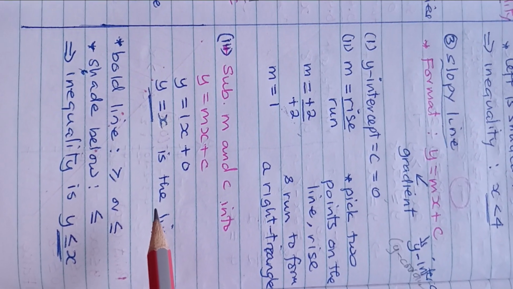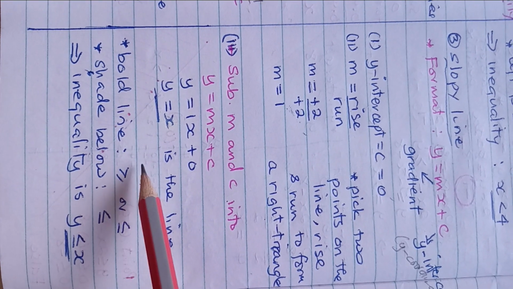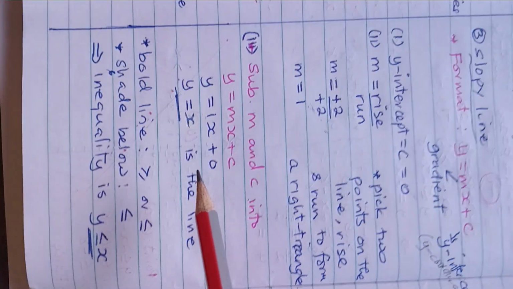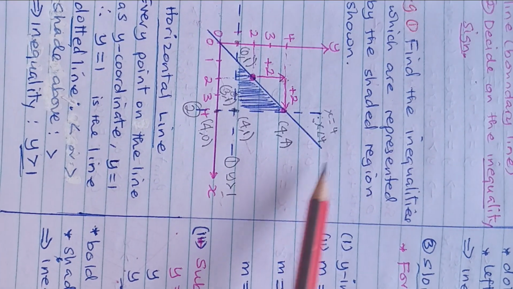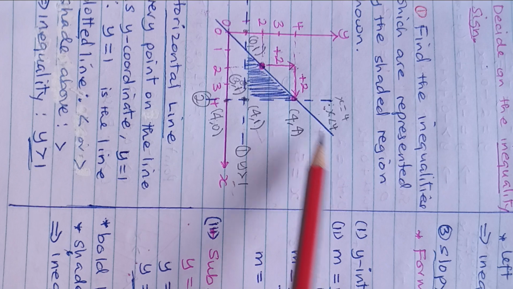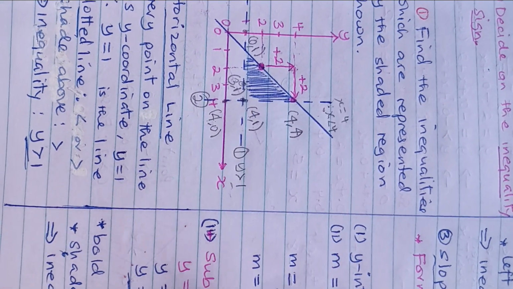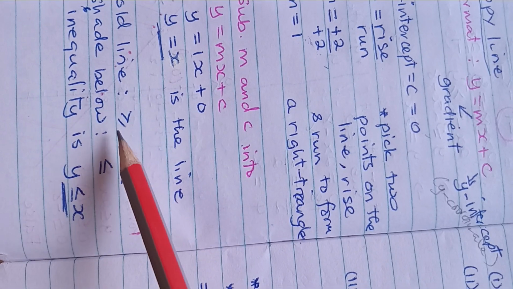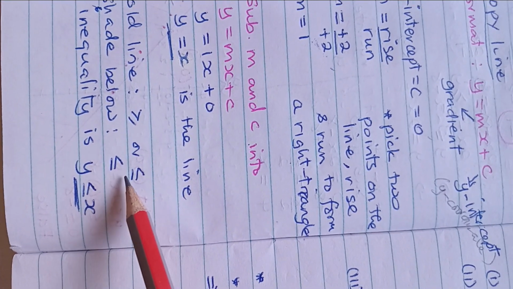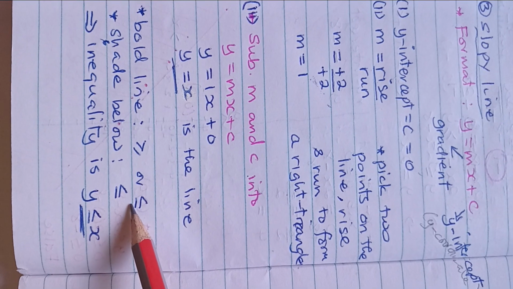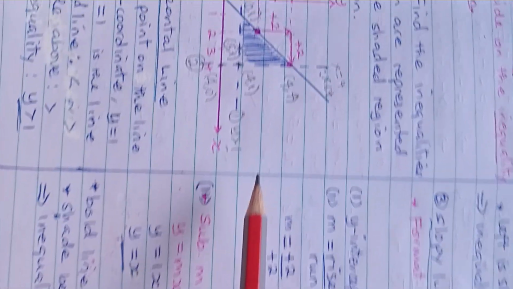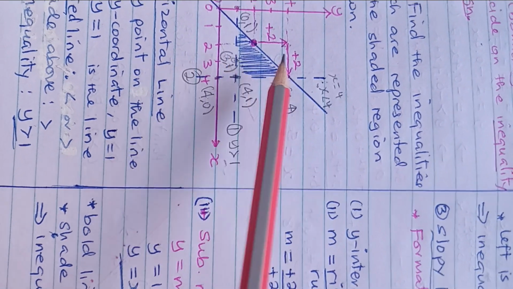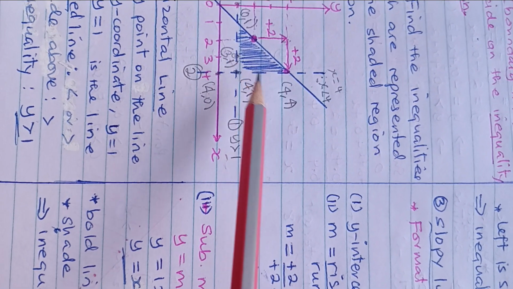And of course, we have to decide on the inequality symbol based on 2 things. One is the type of the line. Since it is a bold line, or a solid line, or a continuous line, these are our options: greater than or equal to, or less than or equal to. Now the shaded region is below the line, so it will be less than or equal to.